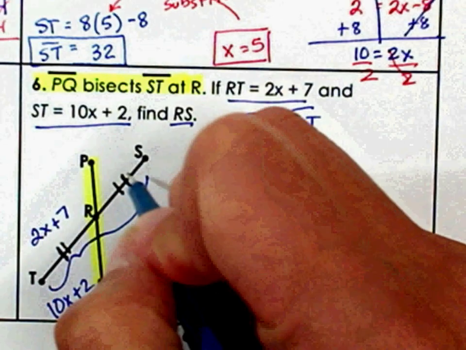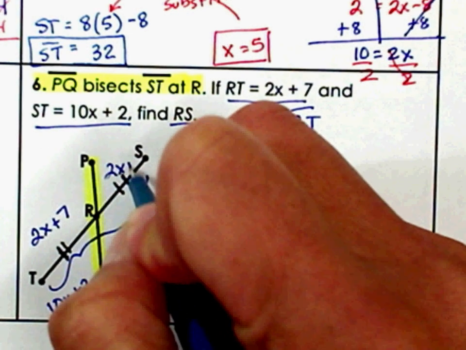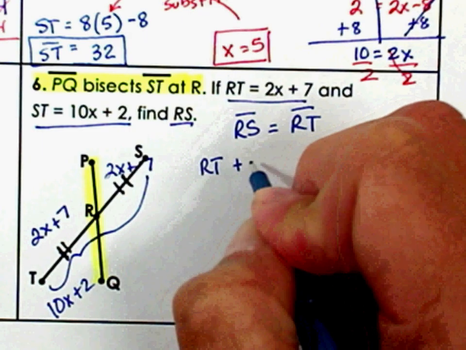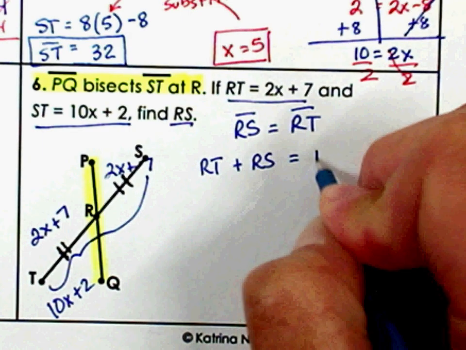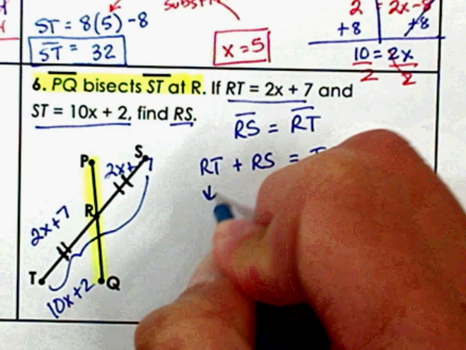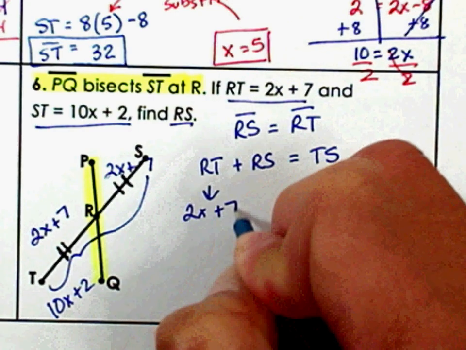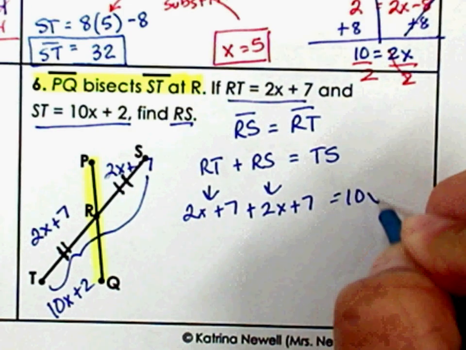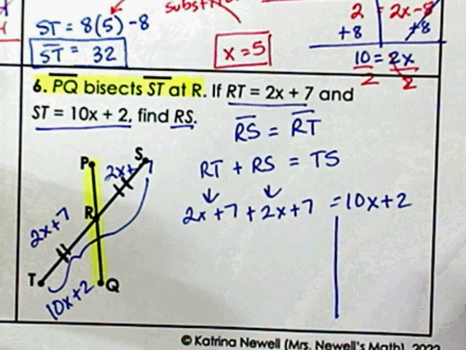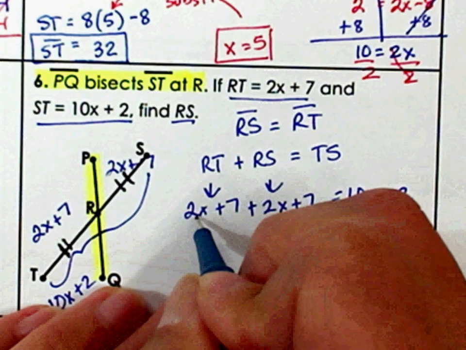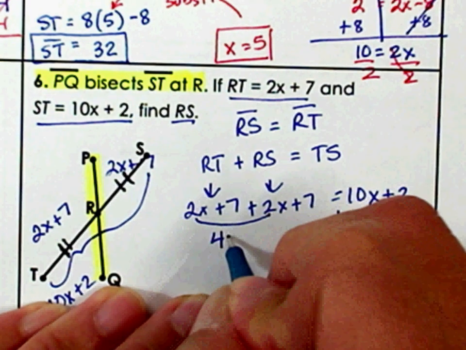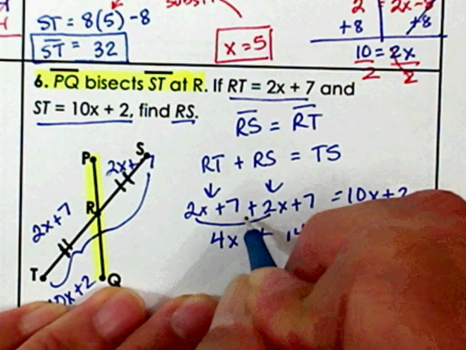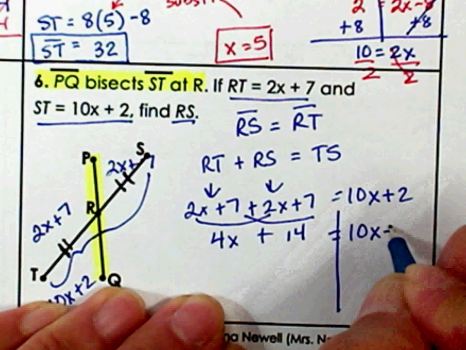Here we go. All right. If this is 2x plus 7, this is also 2x plus 7. So you have RT plus RS is equal to TS or ST. RT is 2x plus 7 plus 2x plus 7 is equal to 10x plus 2. 2x plus 2x, 4x. 7 plus 7, 14 equals 10x plus 2.